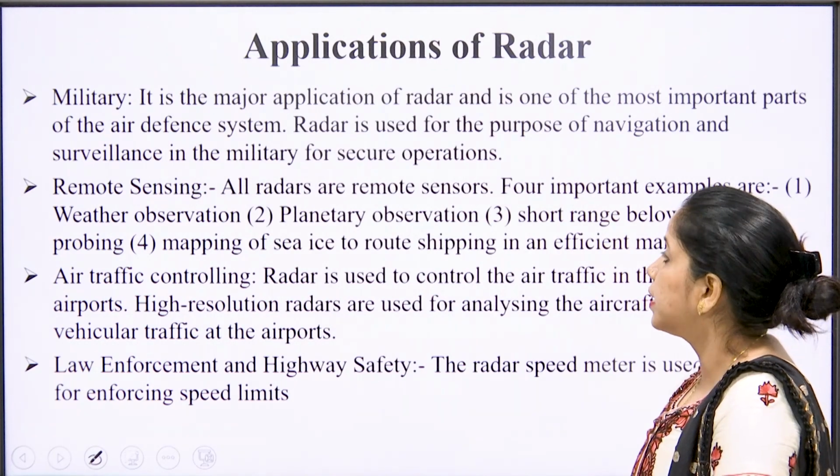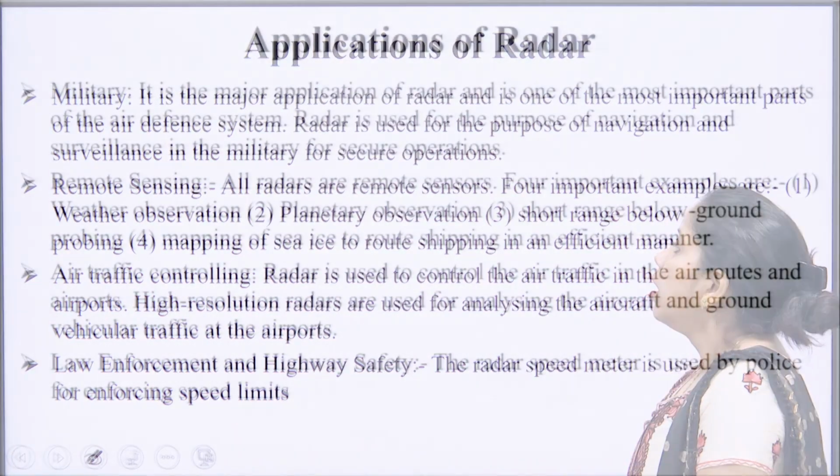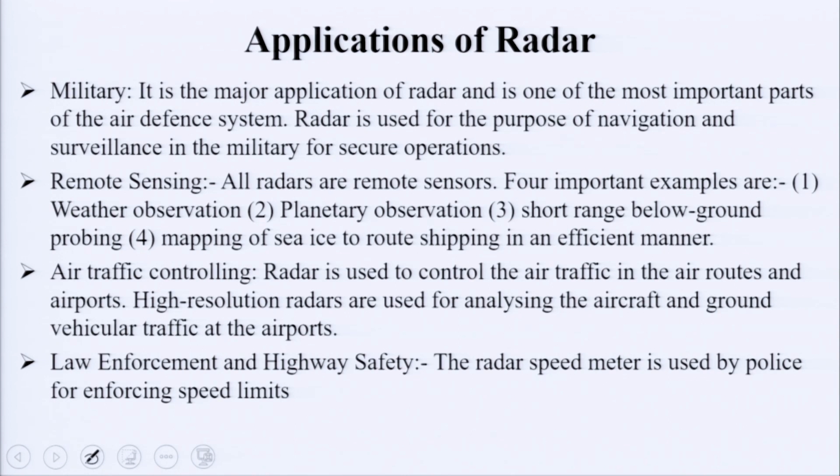Also, radar can be used for remote sensing. All radars are remote sensors. Important examples are weather observation, planetary observation, short range below ground probing, and mapping of sea ice to route shipping in an efficient manner. So, let us take an example.